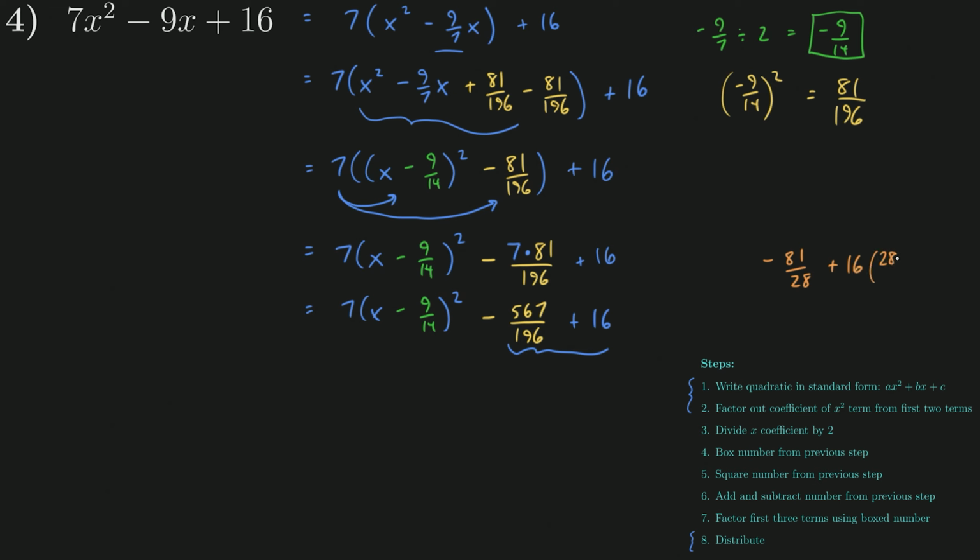So multiply by 28 over 28, and we get 367 over 28. And we can write our final answer, 7 times x minus 9 over 14 squared plus 367 over 28.